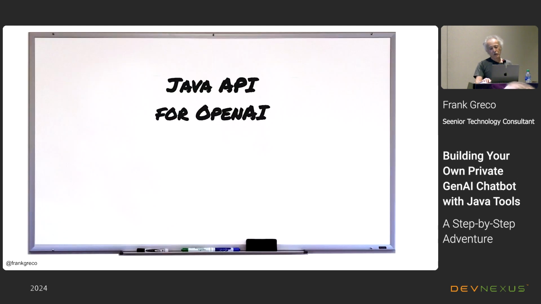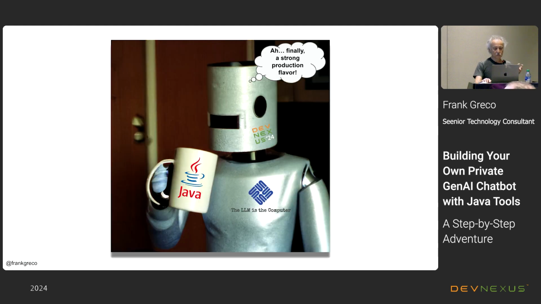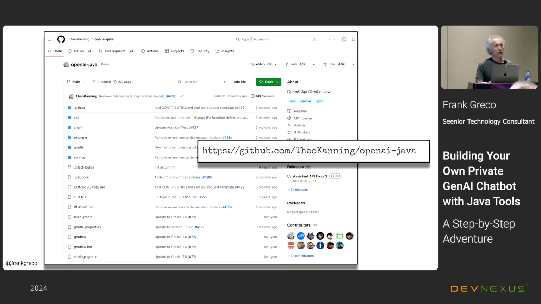And so, Java API. Well, it's a REST API, right? But finally we have a Java one. I started doing this a year ago, and it was GPT 3.0, and it's a REST API. How hard could it be? So I did that, and it worked fine. And then they came out with 3.5, and then all my code broke. Everything broke. And I said, what the heck?